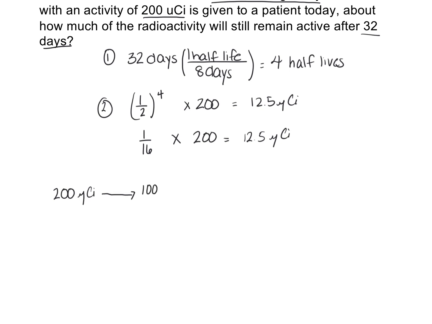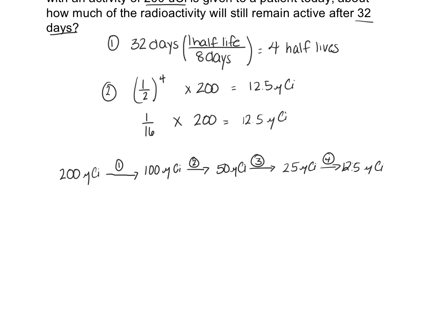So now I'm only going to have 100 microcuries left. So that's one half-life. And then I'm going to go through another half-life, and 50 microcuries are going to be left. And then another half-life, and we divide by 2, and 25 microcuries are left. And then the fourth half-life, we're going to have 12.5 microcuries. This is a lot more complicated if it's 4.2, for example. But you can solve this both ways and see that.